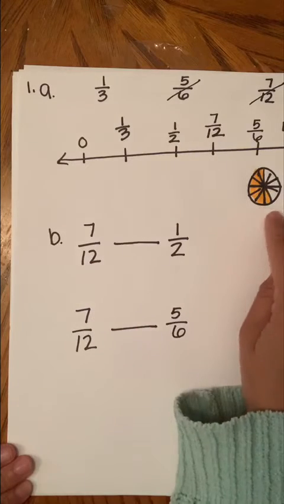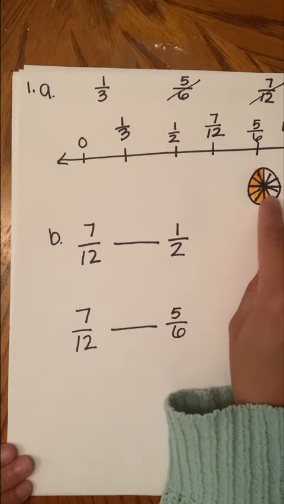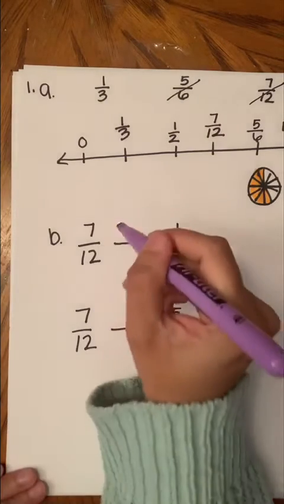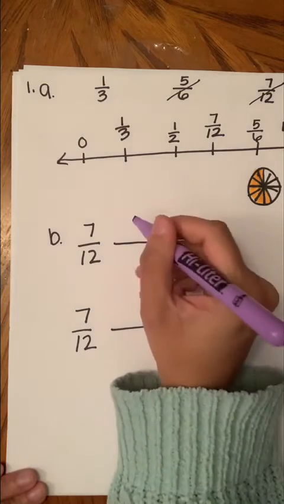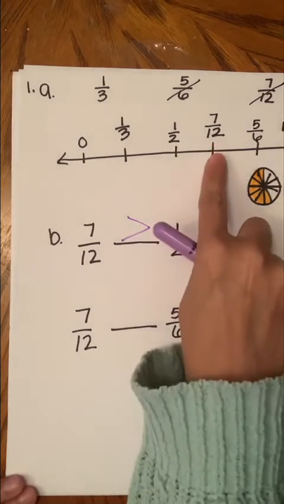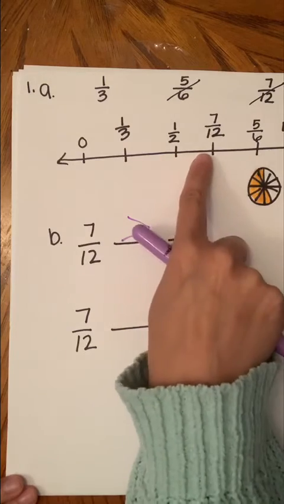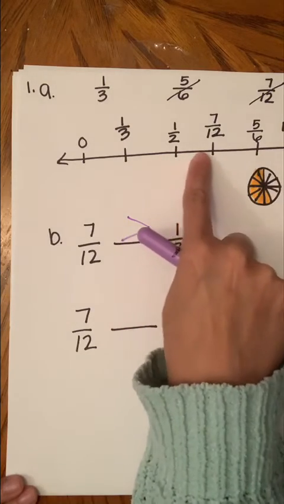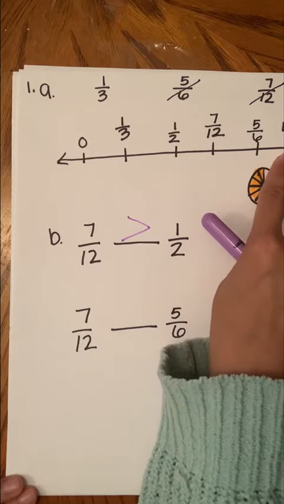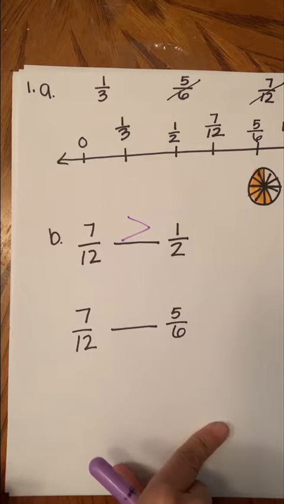But 7/12 is more. It's more than half of the cookie, right? And we can see that here on the number line. 7/12 is more than half. It's closer to the 1. Agree or disagree?